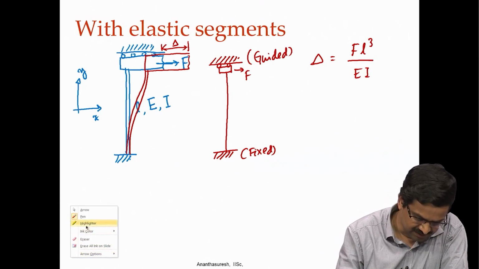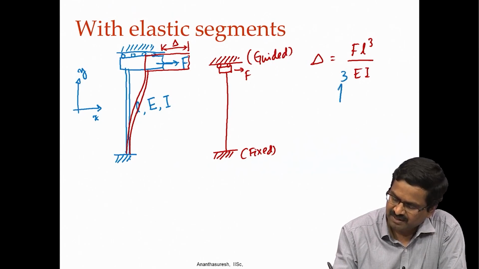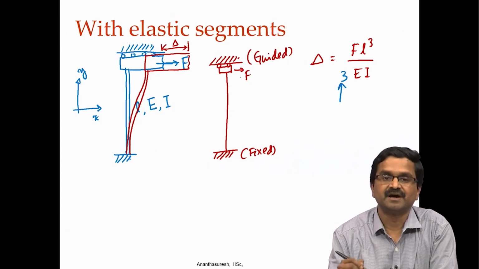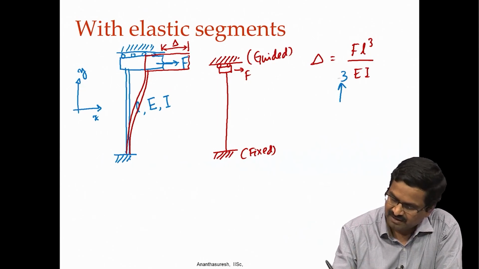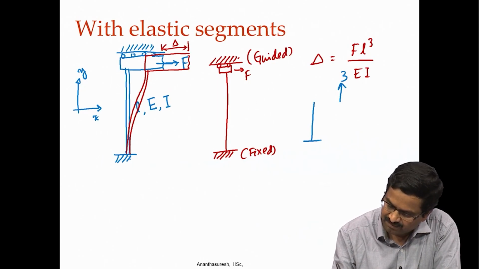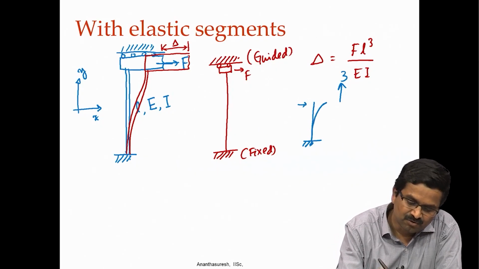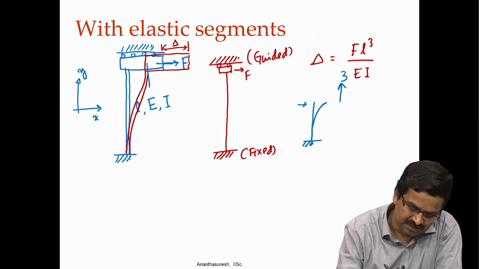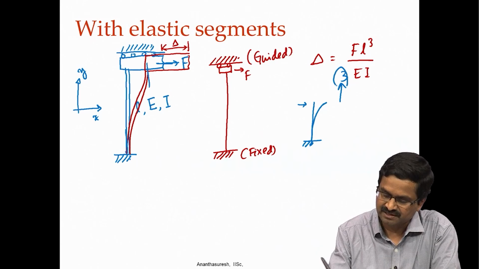That 3 is for a cantilever beam, but it is going to be different for a fixed-guided beam. Cantilever is fixed and free. That means if I have a beam like this and apply a force, it is going to deflect like this. There will be a slope here, whereas here the slope is 0, it is tangential to the vertical line, so guided. So what is this number?